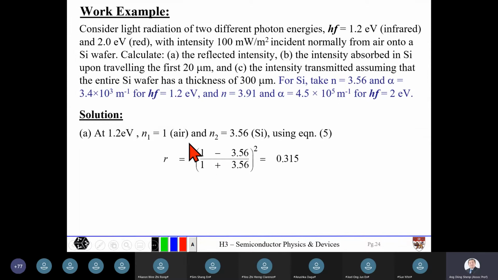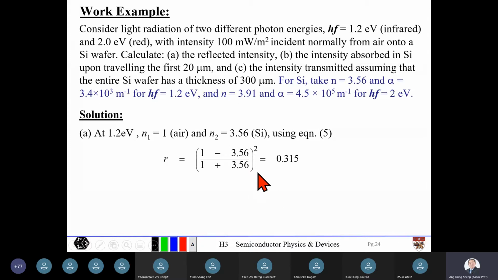For silicon, which has a refractive index typically around 3.5 to 3.9, and assuming that the refractive index for air is 1, the reflectivity is typically around 30%. So about 1/3 of the light will bounce back. It will not get transmitted into silicon.